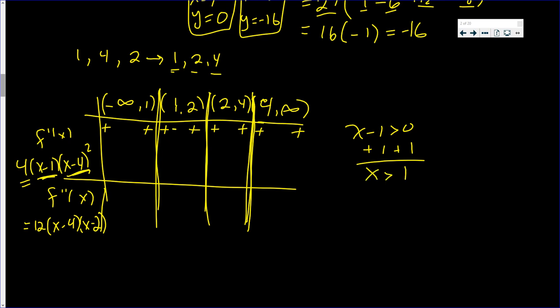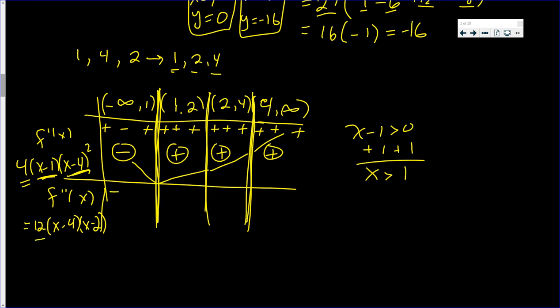Only this interval, and that interval, x is bigger than 1. To the right of this line, x is bigger than 1. To the left, it's negative. So you multiply those three signs, you get a negative, a positive, then a positive. The graph comes down because it's negative, then it goes up, and then it goes up, and then it goes up.